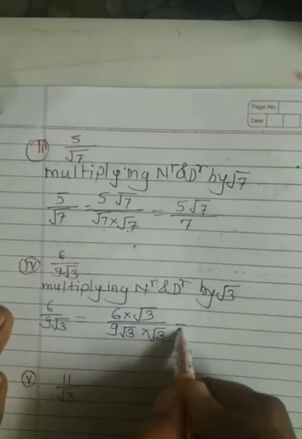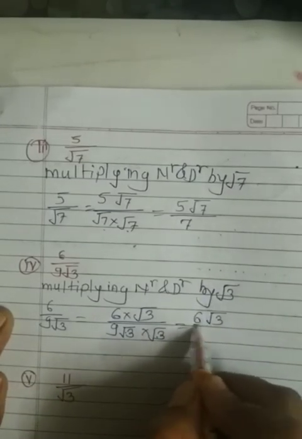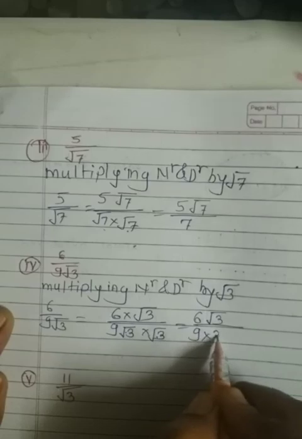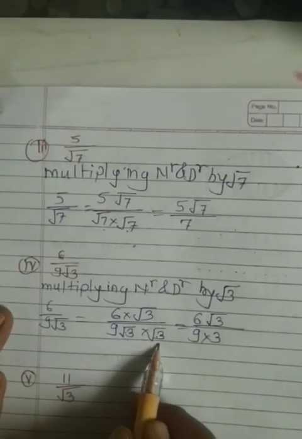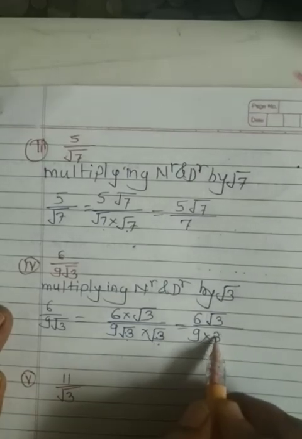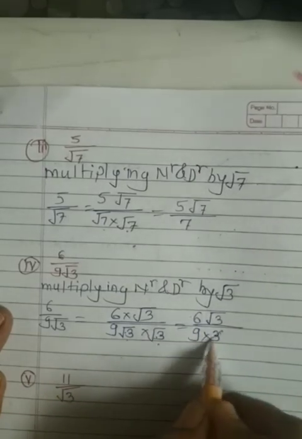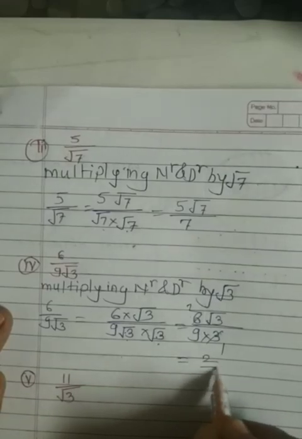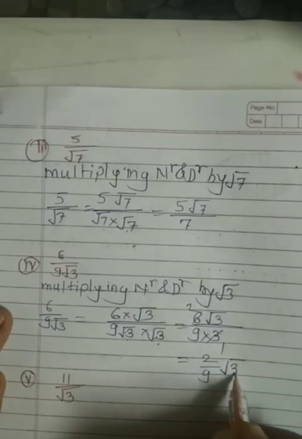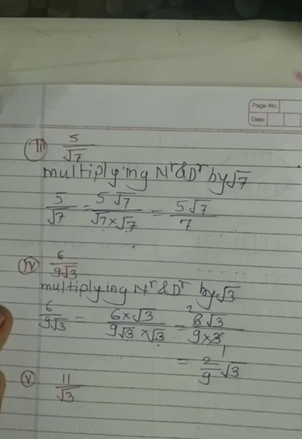Root 3 into root 3 is 3 only. So 6 root 3 upon 9 into 3, because this product is root 9 and the square root of 9 is 3. Now we can divide 6 by 3: 3 ones are 3, 3 twos are 6. So we obtain the answer 2 upon 9 into root 3.